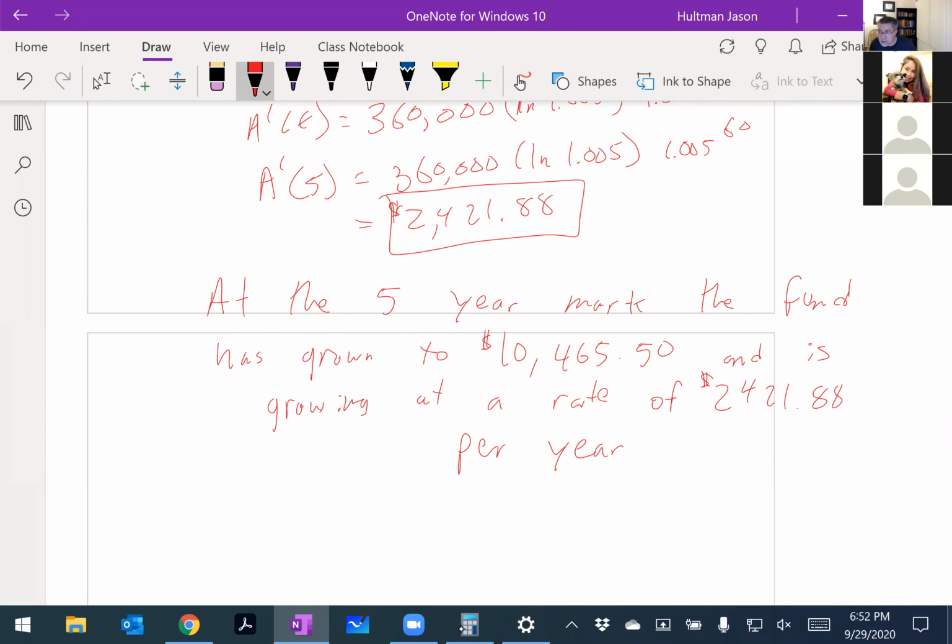Now, why is it per year? Because our interest rate is yearly. We do a monthly thing, but our time is in years. And that's what that means.